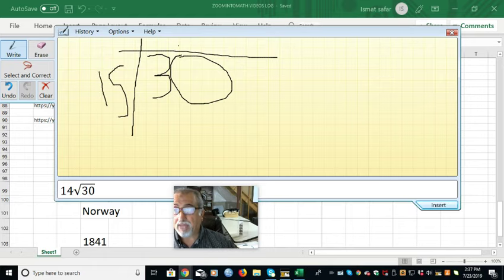Okay, how many 15s in 30? So when we say 30 divided by 15, actually we are asking how many 15s are in 30, right?